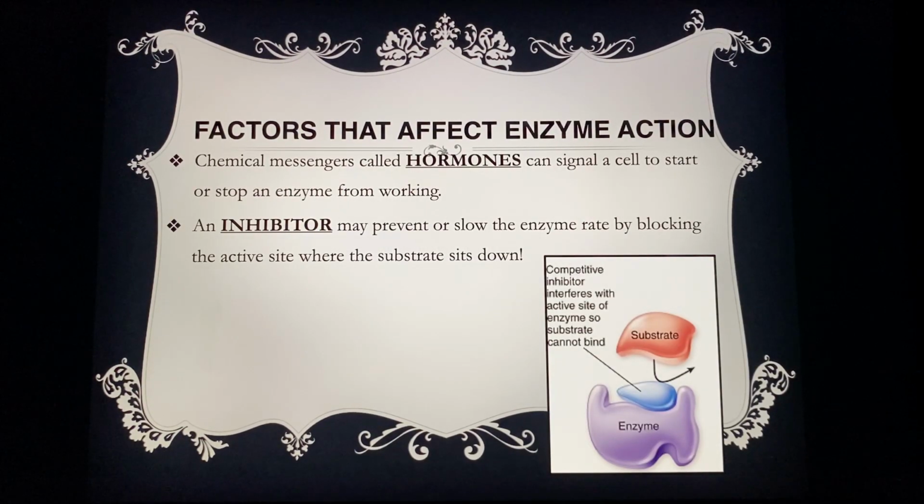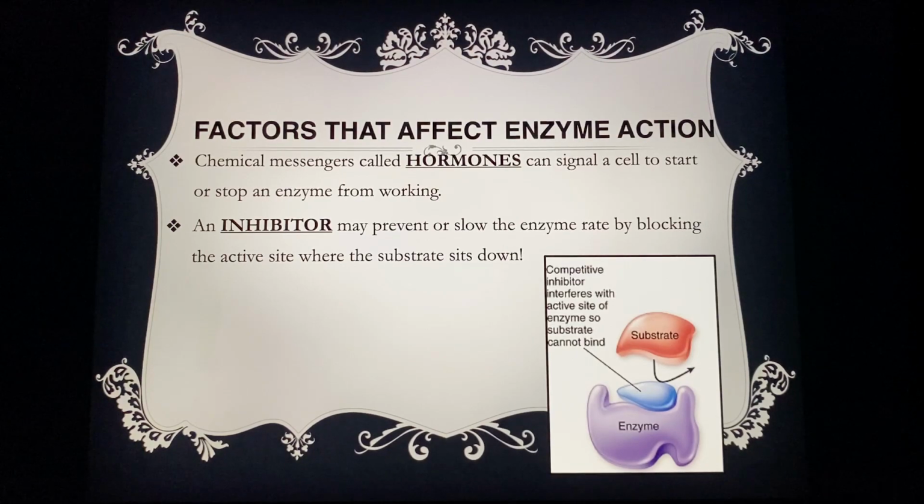So some more factors that affect enzyme action: chemical messengers, hormones. They can signal a cell to start or stop an enzyme from working. So hormones have a big role in what takes place in our body. An inhibitor may prevent or slow the enzyme by blocking the active site where the substrate sits down.